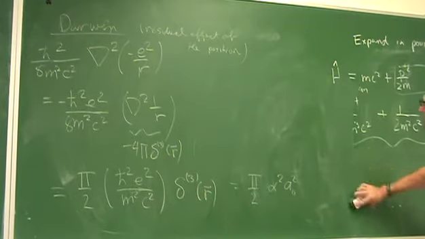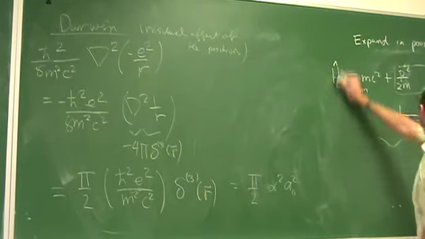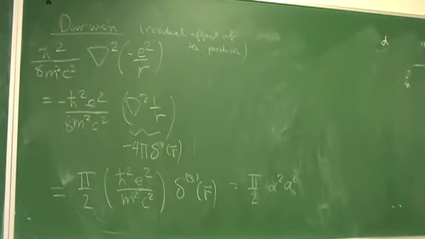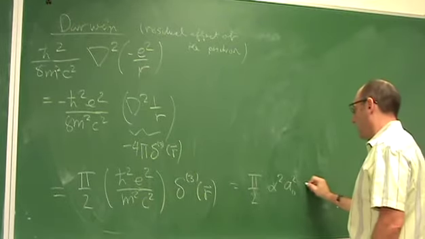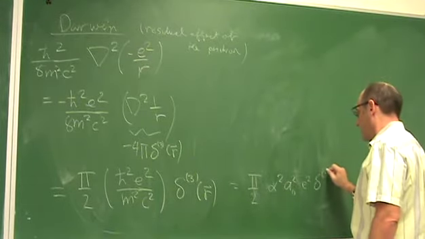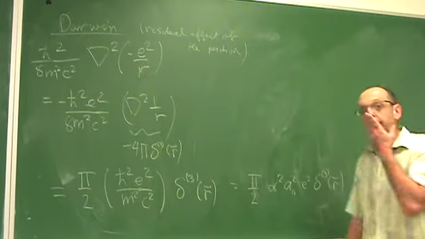Well, come back to this. Times e squared times the three-dimensional delta function as a function of position.